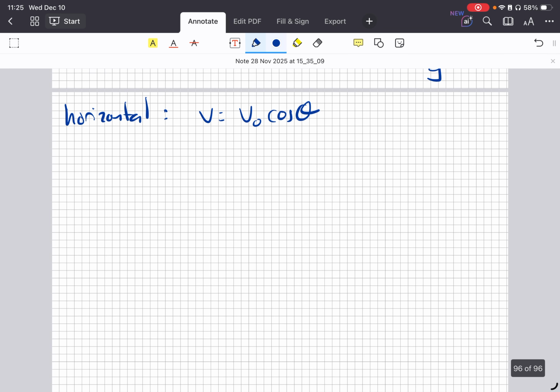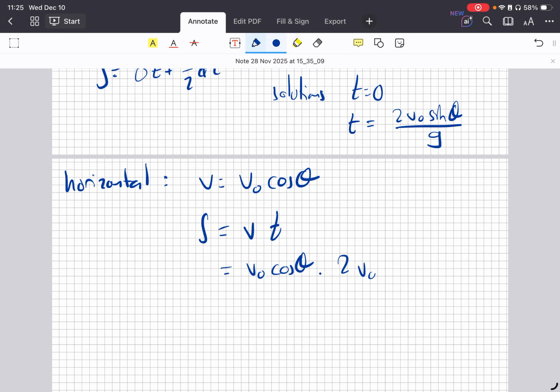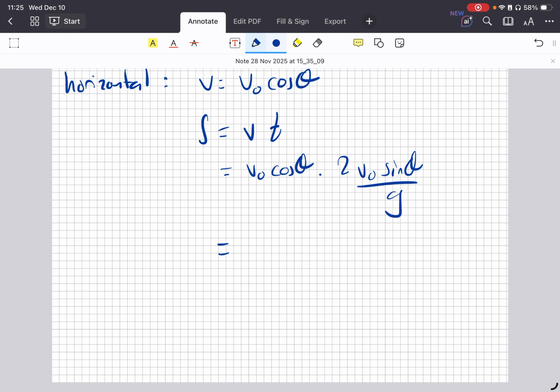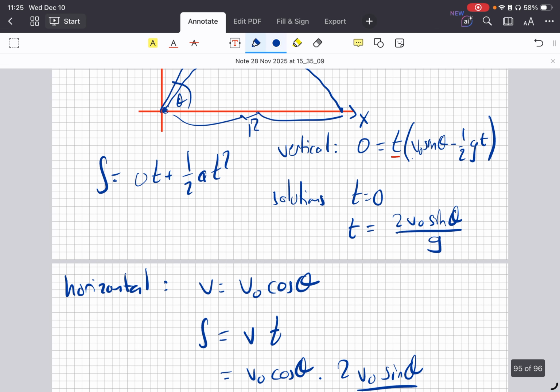The displacement is going to be given by the velocity times time, so we'll have v naught cosine theta times our time, which is 2 v naught sine theta over g. If I rewrite this, I get 2 v naught squared cosine theta sine theta over g. That is the displacement, or to use the letter that we marked here, it's the range.